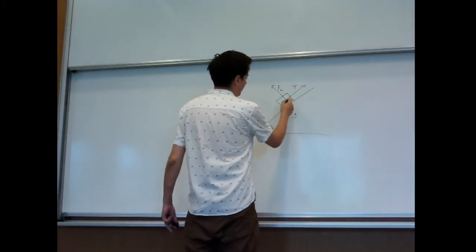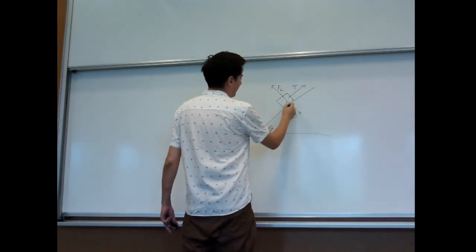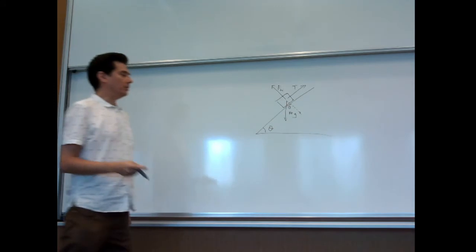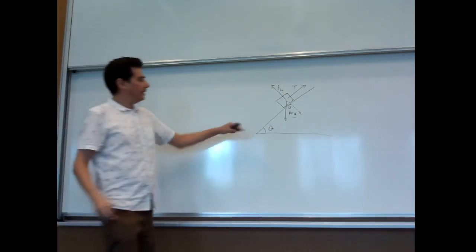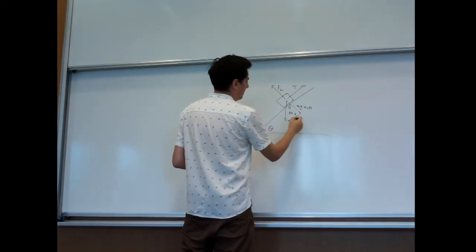So we can look at the components of this gravitational force, and you can convince yourself that that angle is actually the same as the angle of the incline. This will be mg cos theta. This will be mg sine theta.